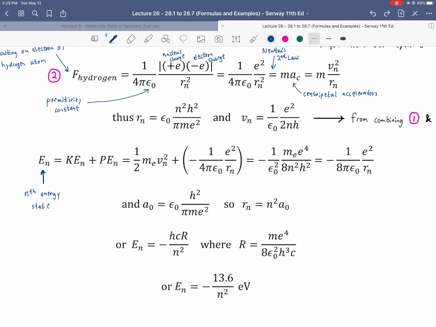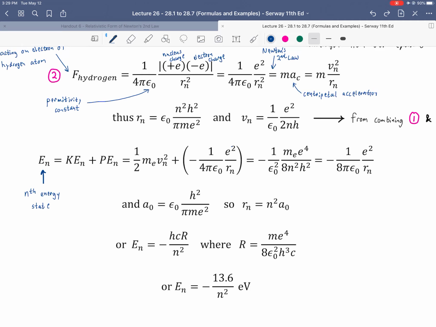When we look at the total energy of the nth state, we also get a negative value. Why is it negative? Because if it was greater than zero, that would mean our electron isn't bound to the nucleus at all. That would be an ionized atom.